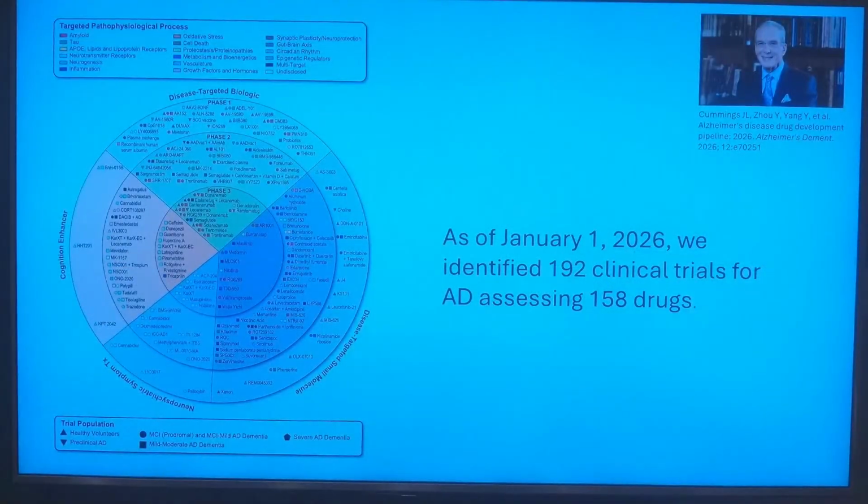To go over the Alzheimer's disease therapies on the market: as of January 1st, there are 192 clinical trials and 158 different drugs that focus on different things. I'll walk you through.